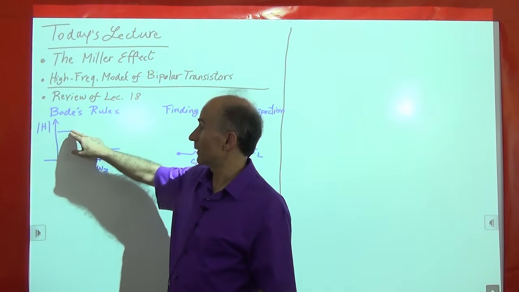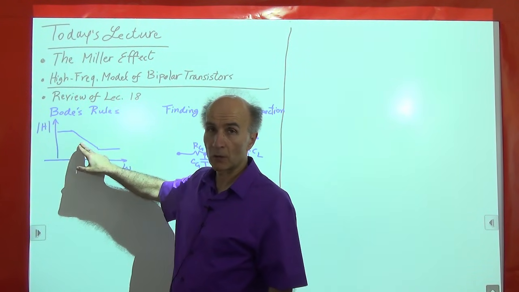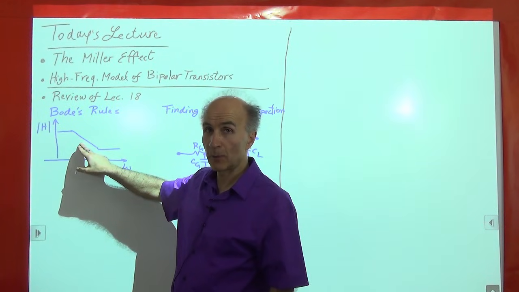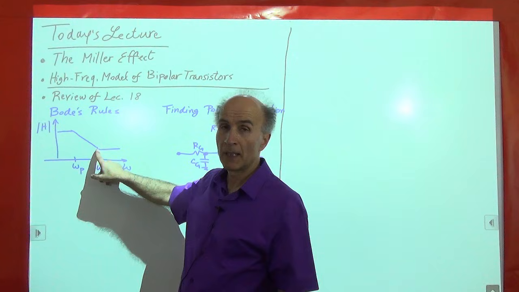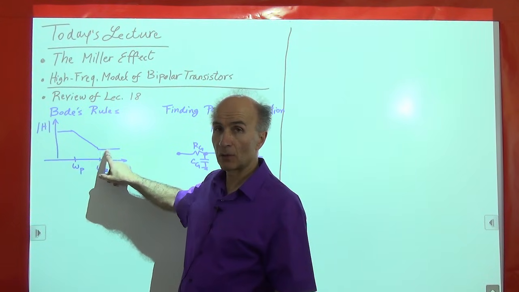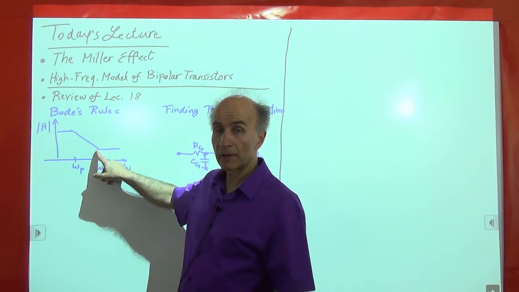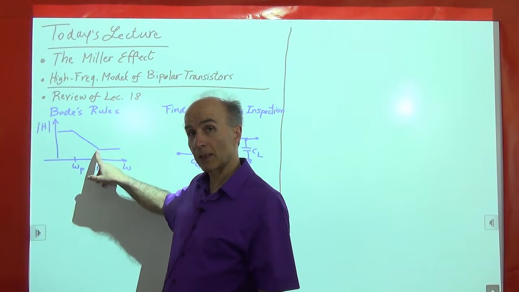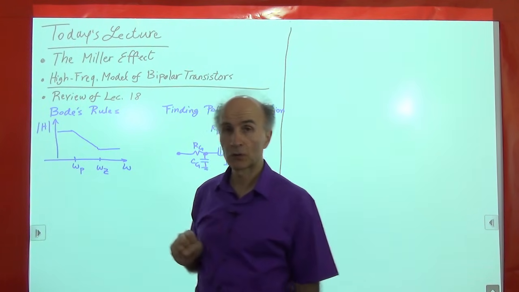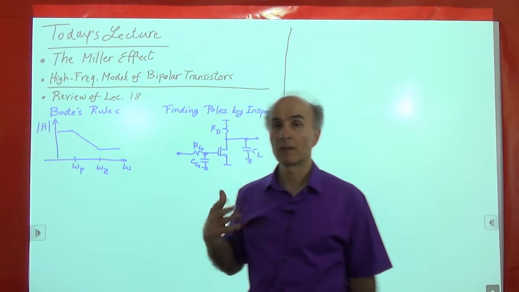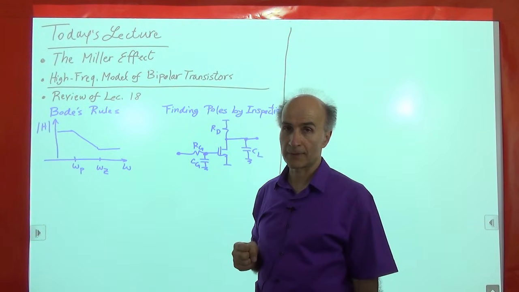So for example, from here, we go here, and the slope decreases by 20 dB per decade. So this becomes minus 20 dB per decade. And then if we are passing a zero, like in this example, then the slope increases by 20 dB per decade. So we go back to a slope of 0. So that's a very helpful rule to remember for sketching the frequency response of circuits.